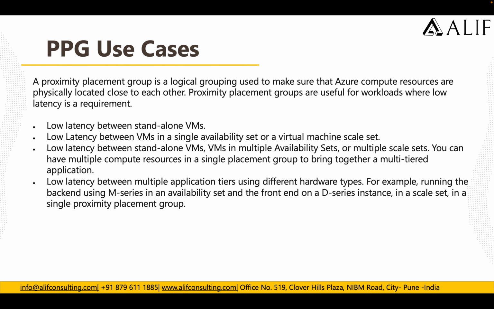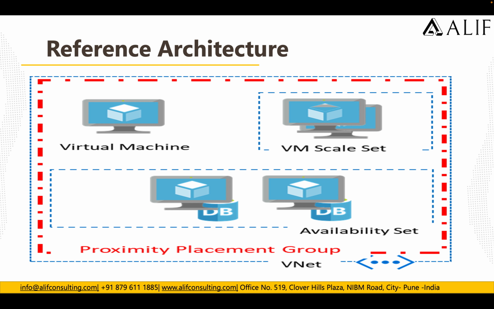In that case, PPG can help you achieve lower latency, because if you have multiple databases, you don't know where those databases are located within the data center. Although they are in an availability set, they are also deployed as standalone databases. So you can put all of them in one single PPG, and PPG is going to make sure those VMs are closer to each other and you can achieve lower latency.